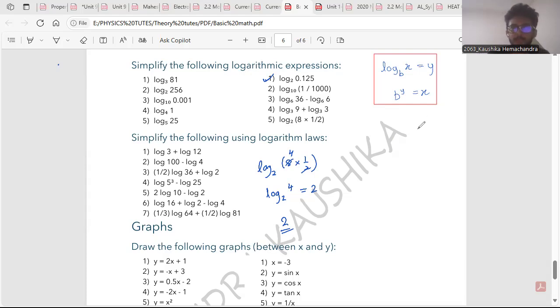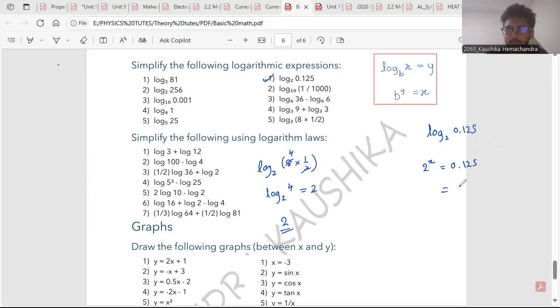Yes, so we'll see. Two, and then three of you have sent the correct answer. So log 2, 0.125. So 2 to the power x is equal to 0.125, right? So it should definitely be a negative power.